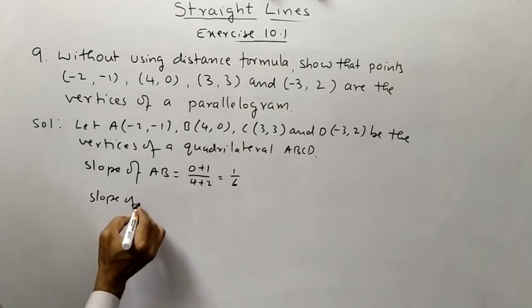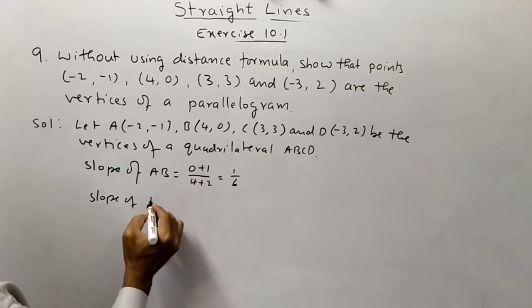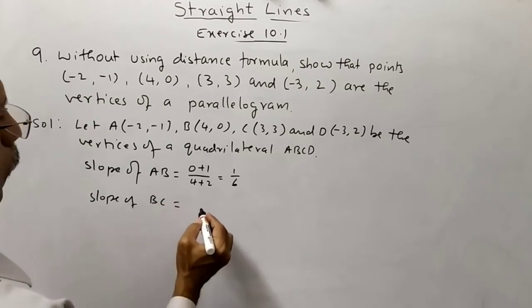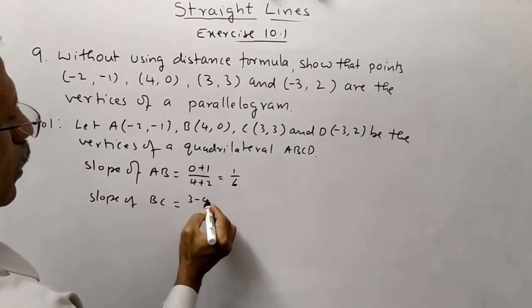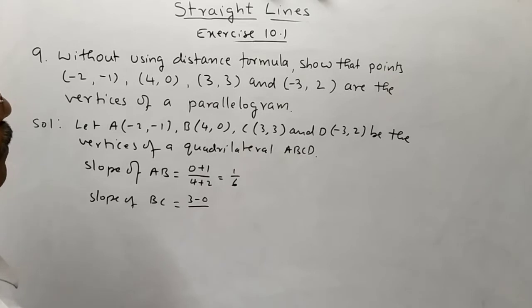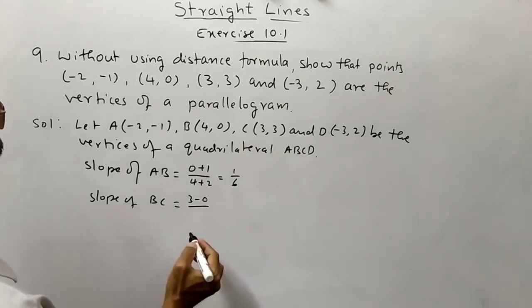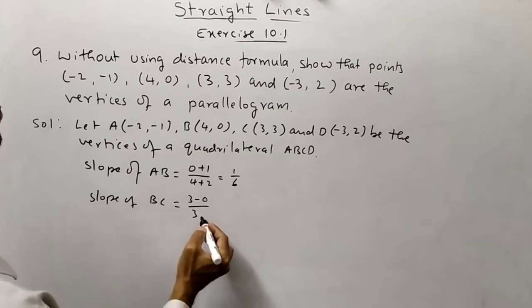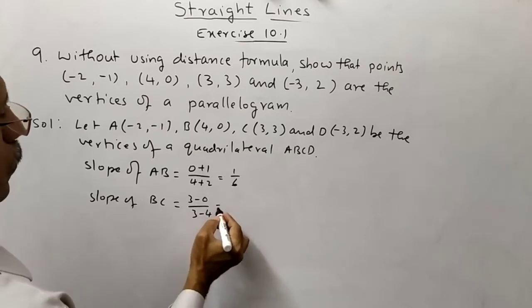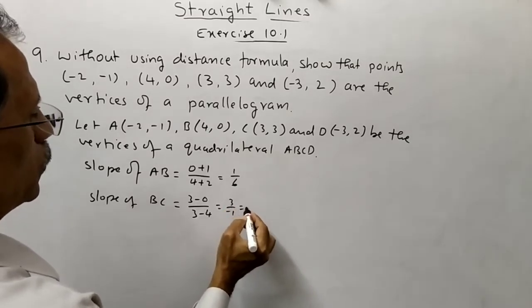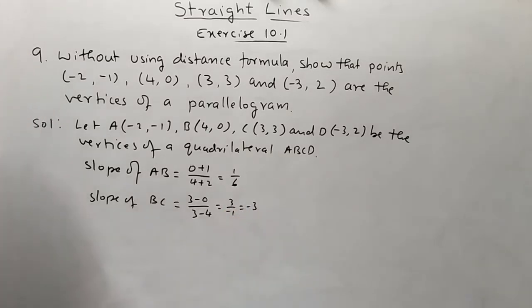Slope of BC is equal to (3 minus 0) divided by (3 minus 4), which is equal to 3 divided by -1, which is equal to -3.